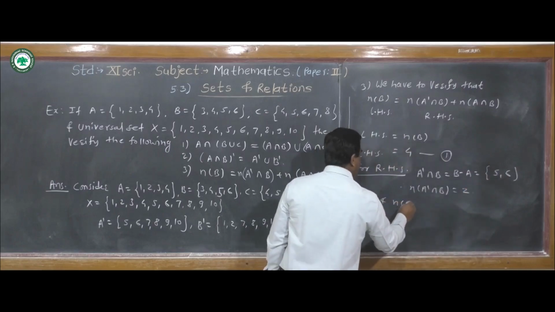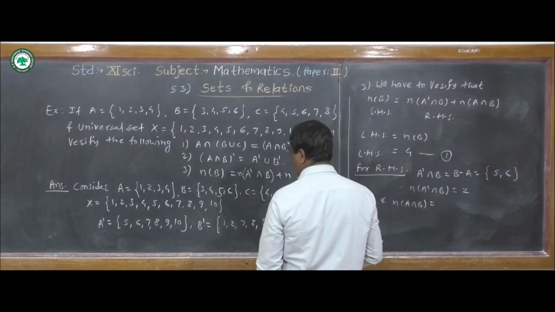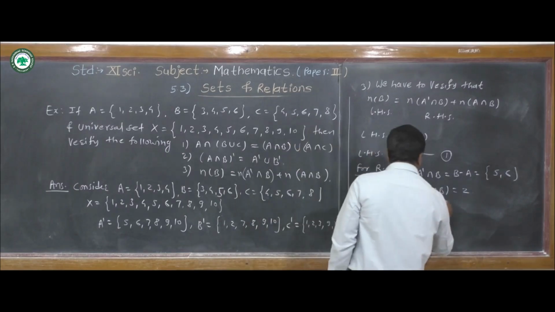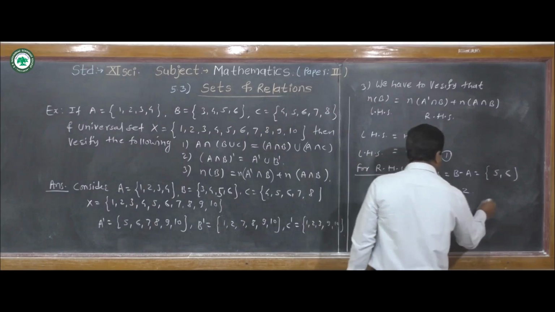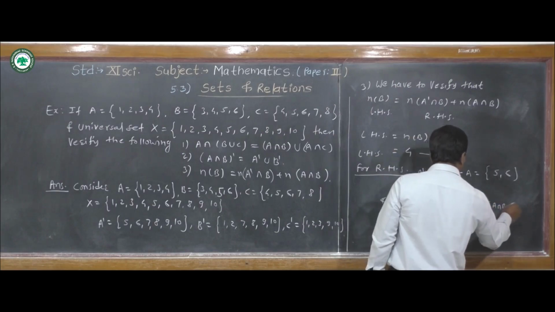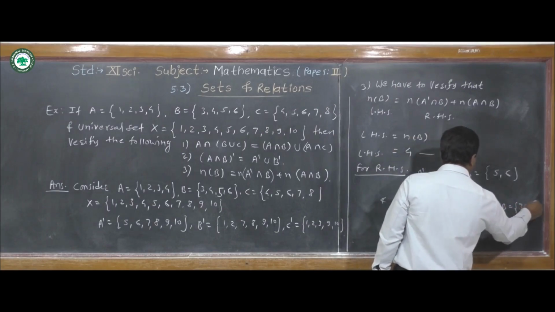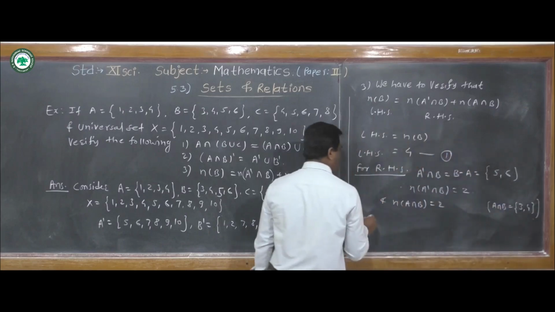And number of A intersection B is equal to, now A intersection B contains, here also, 2 elements, since A intersection B is equal to {3, 4}. Therefore number of A intersection B is equal to 2.